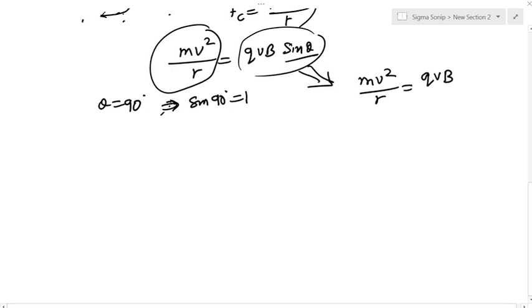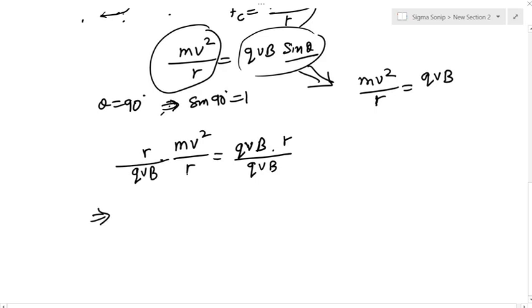So we just want to get r all by itself. Let me multiply r on both sides. Then I want to get rid of this qvb, so I'll divide by qvb here.